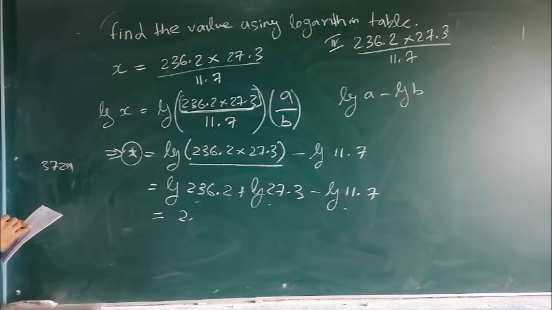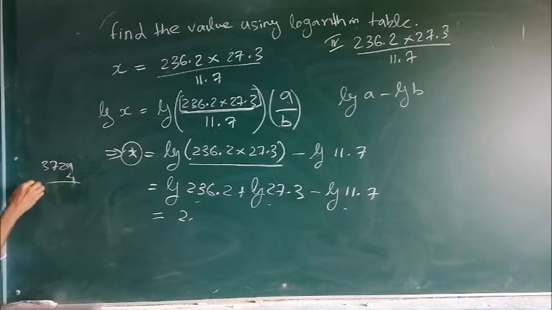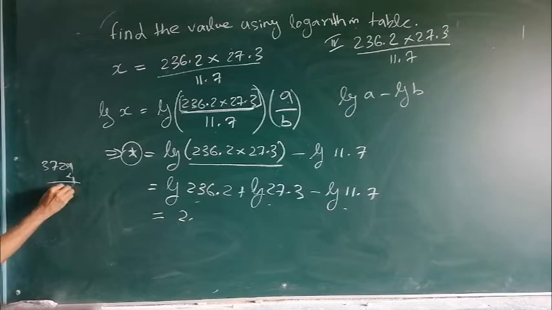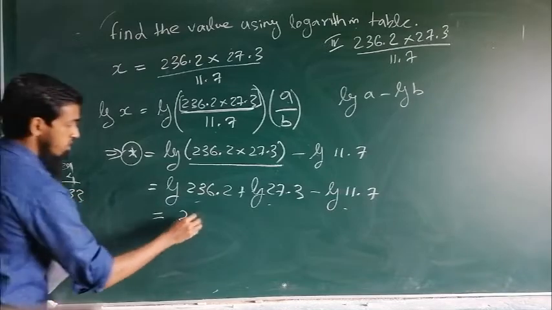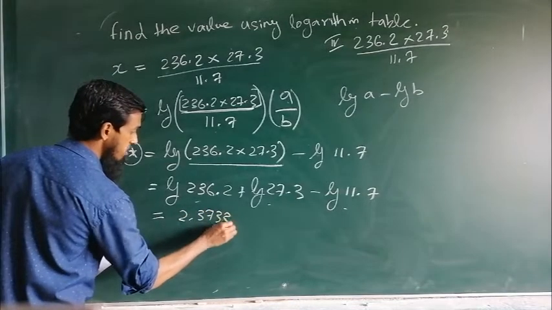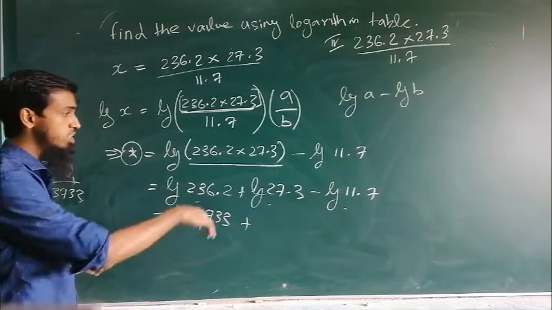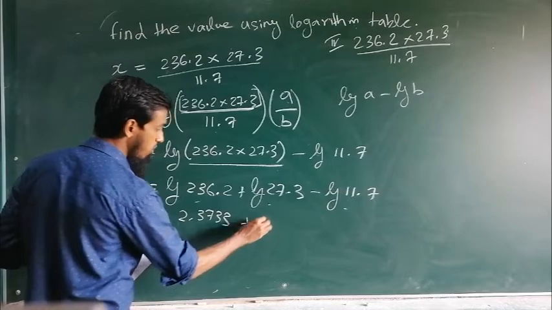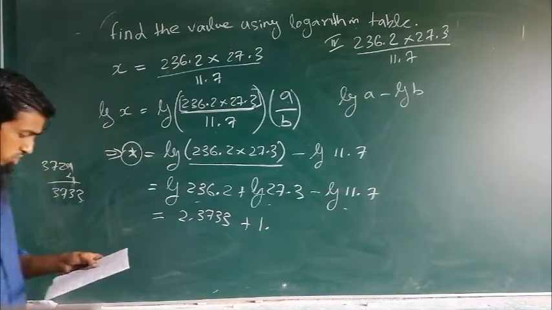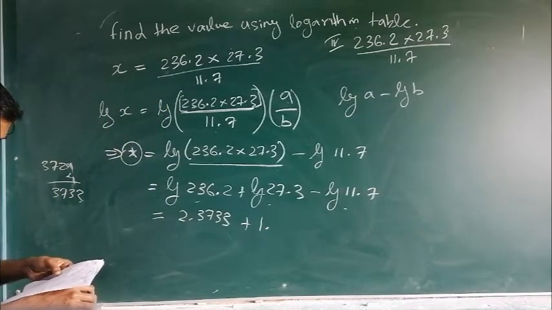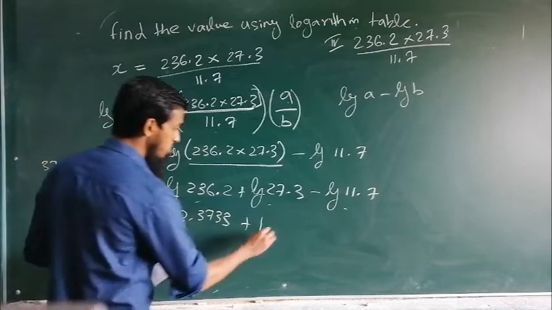On the second mean difference we have 4. So 3733. Plus 27.3. Before the decimal you have 2 digits, subtract 1, so 1 point. So 27.3, that is 4362.